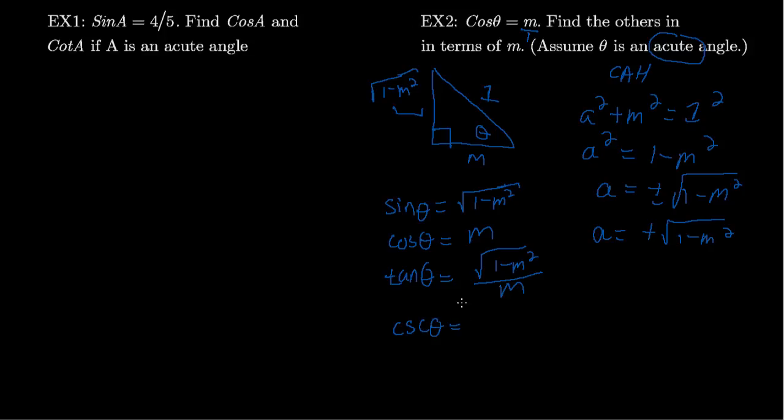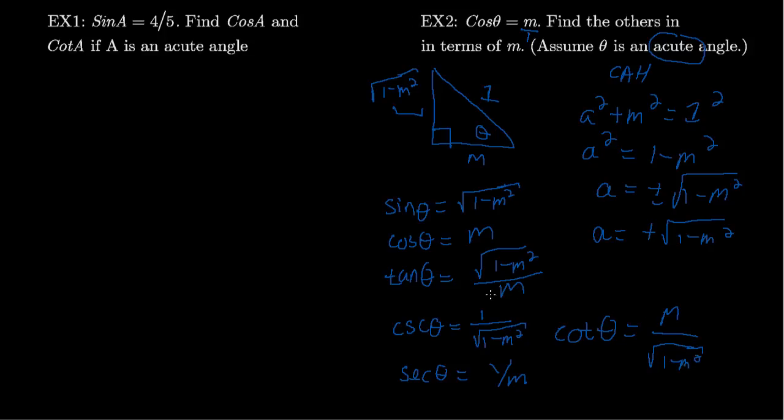Cosecant theta is the reciprocal of sine, 1 over the square root of 1 minus m squared. Secant theta is 1 over cosine, 1 over m, and cotangent theta is the reciprocal of tangent, m over the square root of 1 minus m squared.